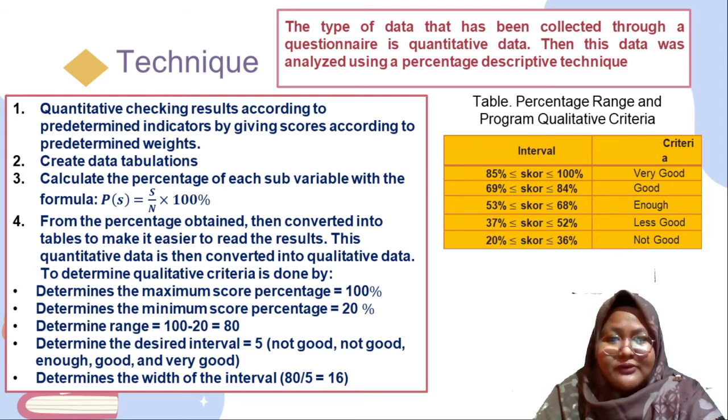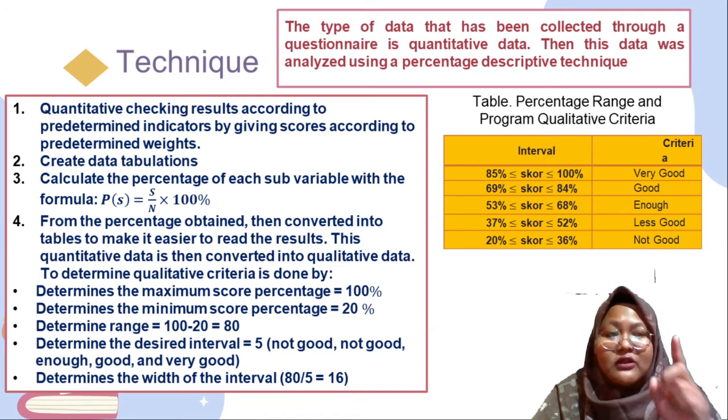Here, I use 5. It means there are categories like not good, less good, enough, good, and very good. The last is determining the width of the interval. Here, we get 80 divided by 5, which is 16. Based on the calculation, the percentage rank and qualitative criteria can be determined as in the following table.